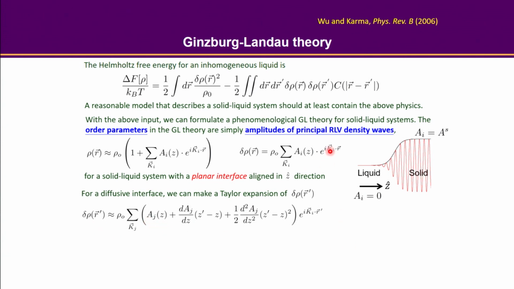So I'm basically expanding this A of z prime around z. That's where I made my Taylor expansion. Since it is r prime, here should be z prime, right? So I'm expanding that around z, and z will be the same thing as this r.